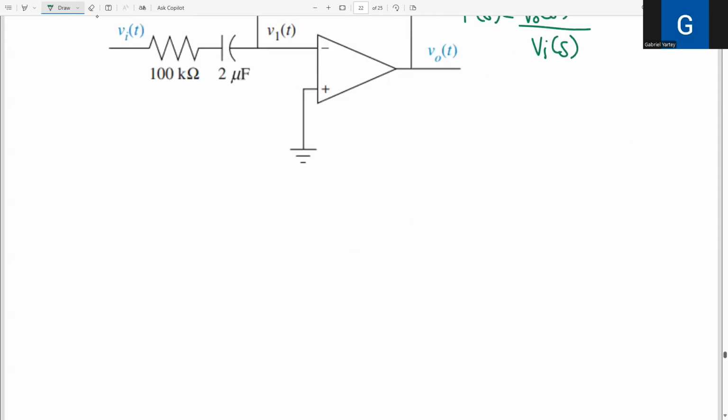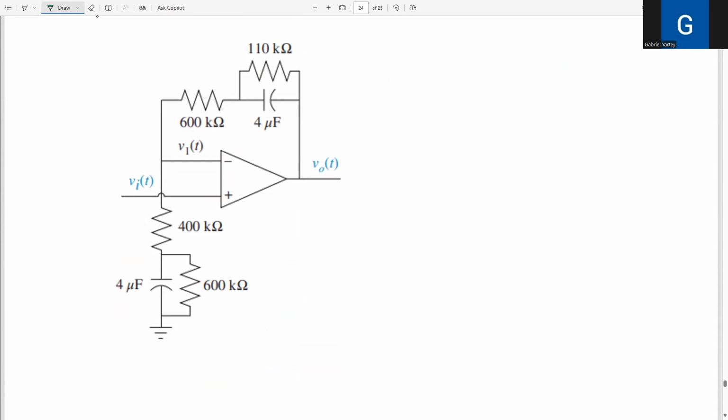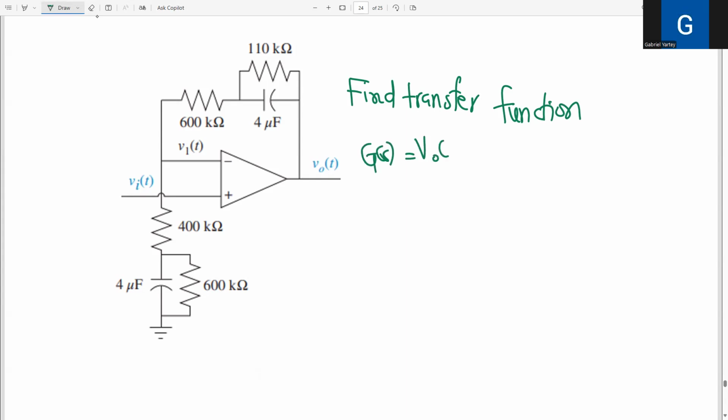And then the next one, you can find the transfer function. To find the transfer function, V of s over the input.